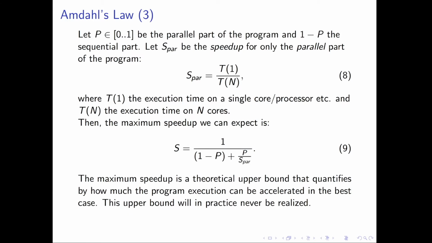Therefore, we can also name the exact ratio of parts of our program that are parallel and that are sequential, and express it as a percentage or a value between 0 and 1. So we define that the parallel part of our program is capital P, and therefore the sequential part is 1 minus capital P.